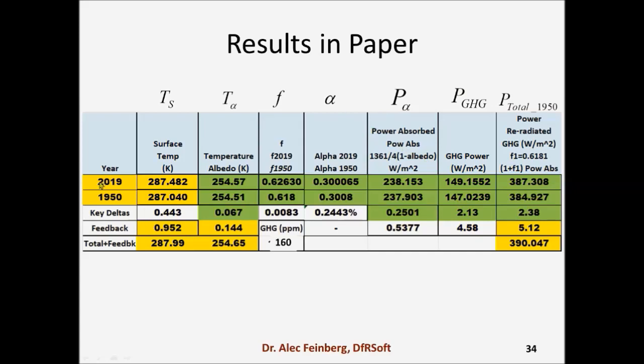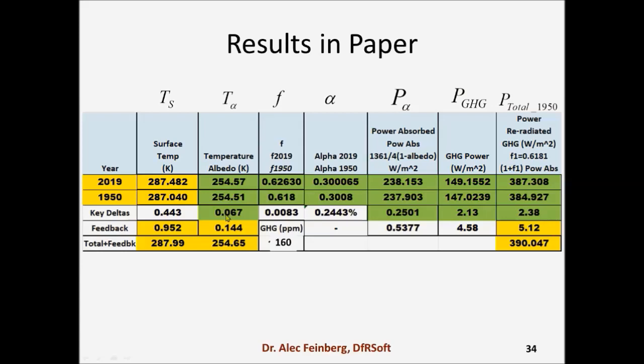Okay, let's summarize, because we now have done 2019 and 1950. And by the way, if we miss stuff, you can go to my paper, which I referenced right in the beginning, so you can look at more of the details. So here's 2019 and 1950, and you can see the difference in the re-radiation value, about 1.626 versus 0.61, so about 0.0083 difference there, about a 0.8% change.